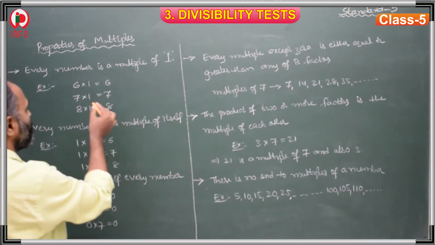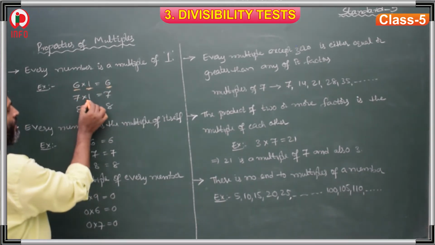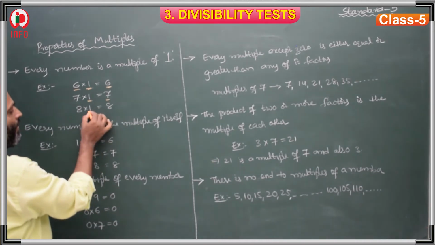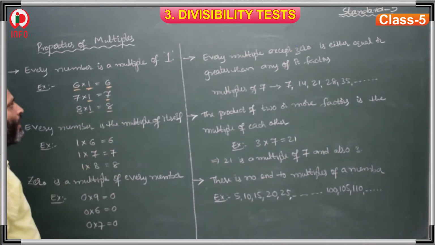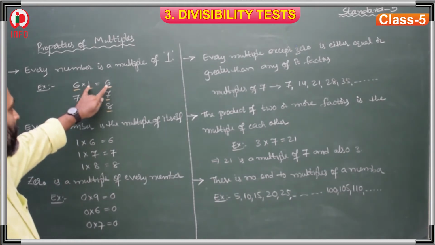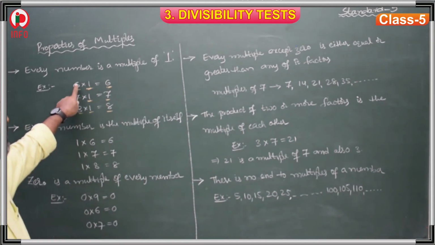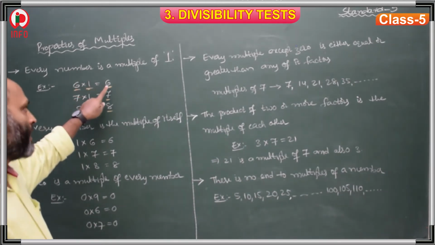Here, 6 ones are 6, 7 ones are 7, 8 ones are 8. Every number is a multiple of 1. If a number is there, say 6, and this number is multiplied with 1, then you will get the same answer.